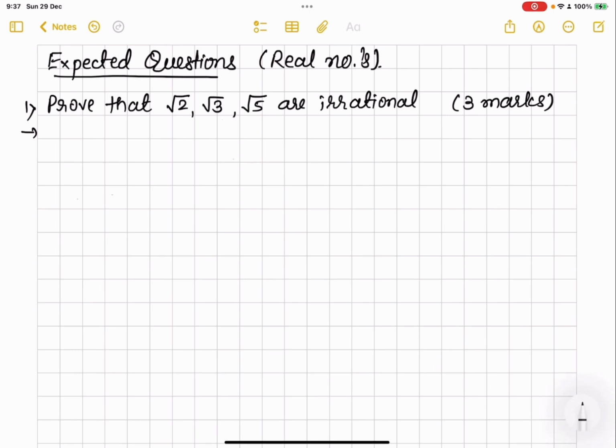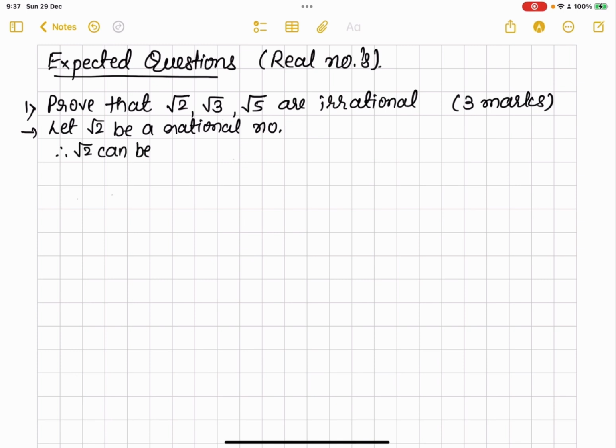So let us start. The first thing I will do is let root 2 be a rational number. So I am doing it with the converse: I am not taking it as irrational, but I am supposing it as rational.